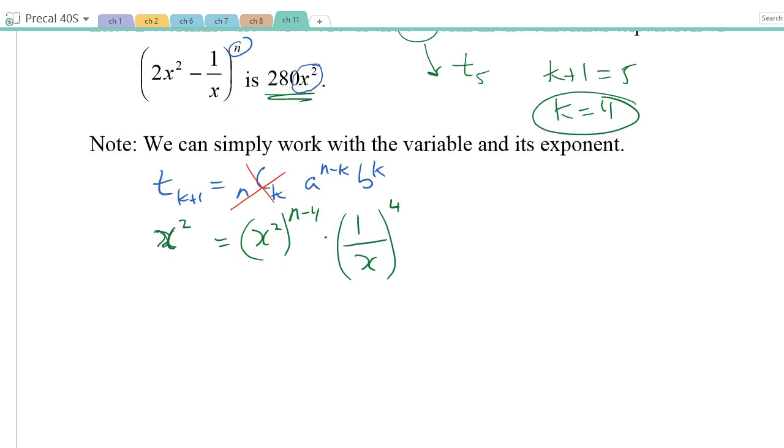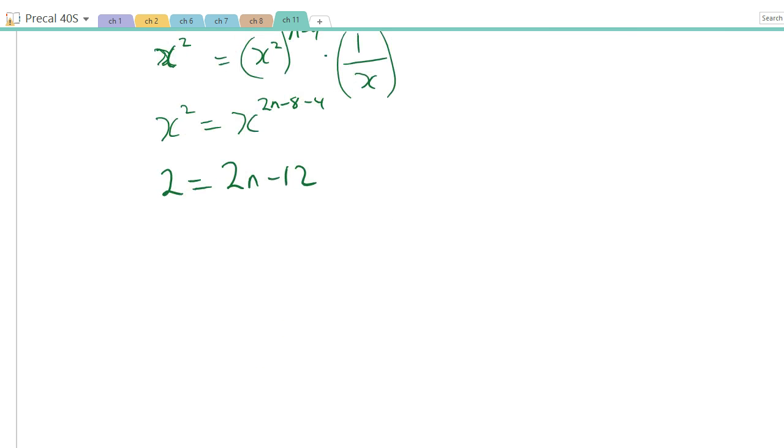So I'll get x squared is equal to x to the power, this will be 2n minus 8, and then this will contribute another minus 4. So I can say 2 is equal to 2n minus 12. So if I add 12 to both sides, I get 14 is equal to n, so n is equal to 7.